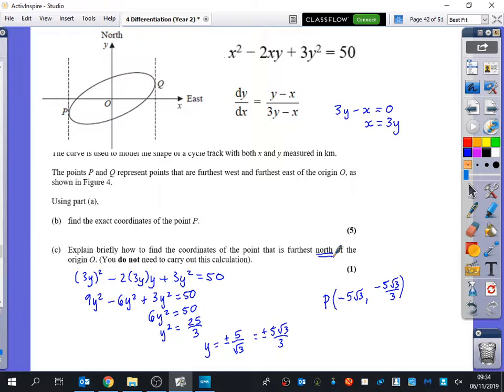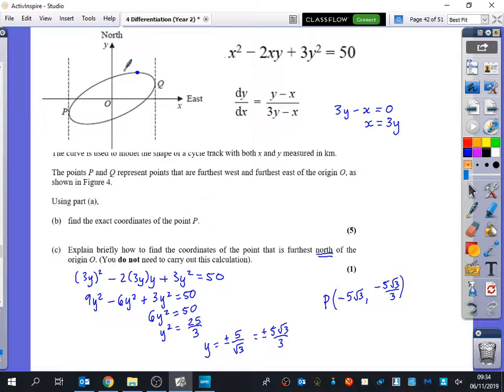Furthest north, I'll give you a hint, this bit up here.